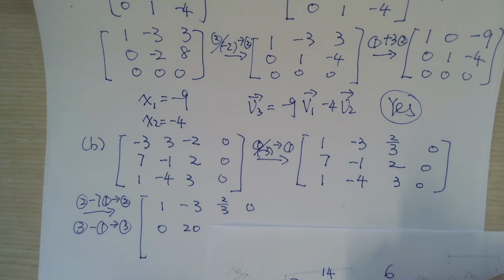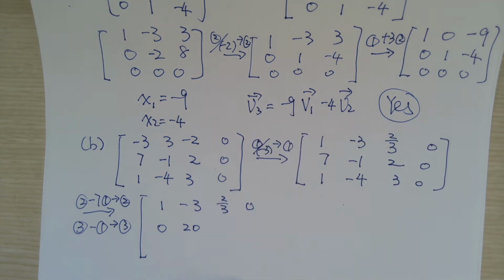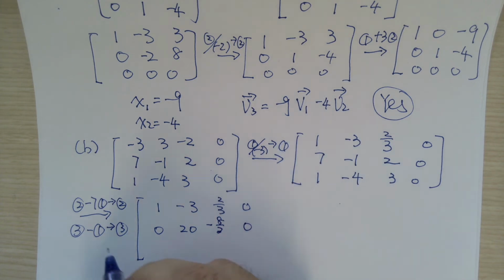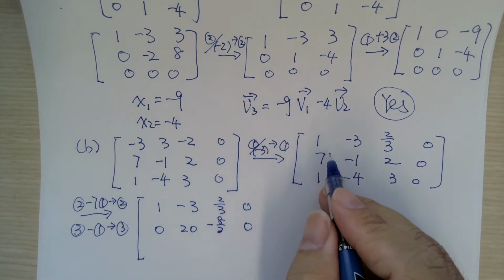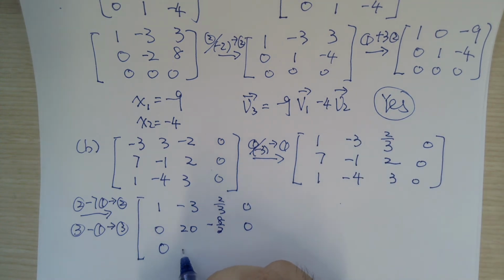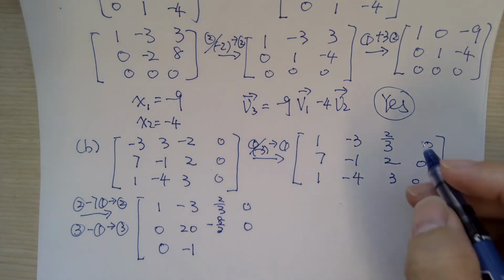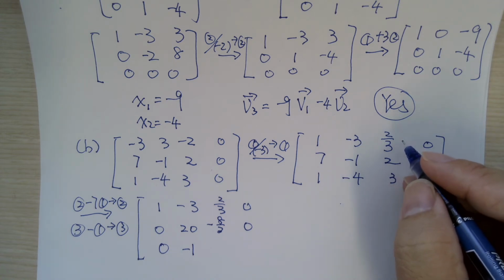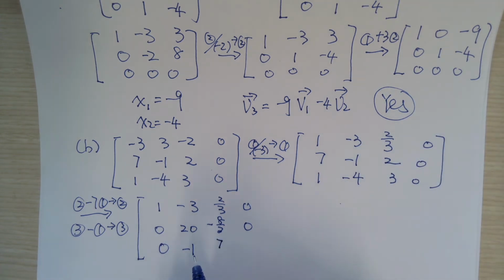This part becomes 6 over 3 minus 14 over 3, so it's negative 8 over 3, 0. And this part, 3 minus 5, so it's a 0 here. This is going to become negative 1. And this part, 3 minus 1, gives us 7 over 3, and then 0.